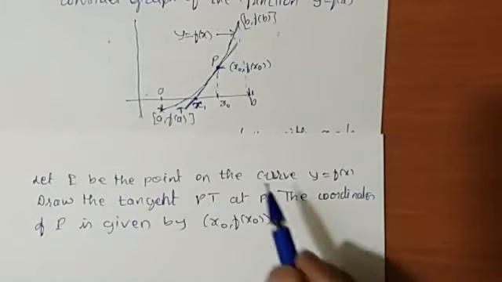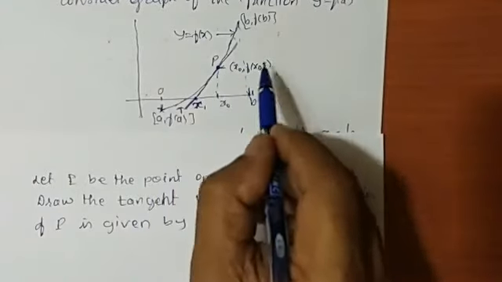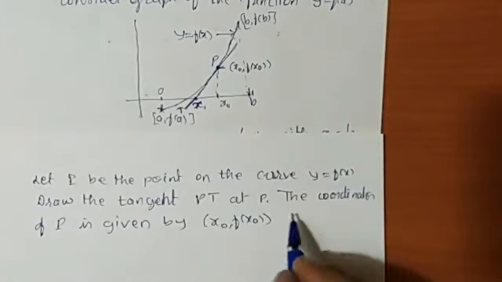Correct? This point, the x value is x naught, the y value is f of x naught.